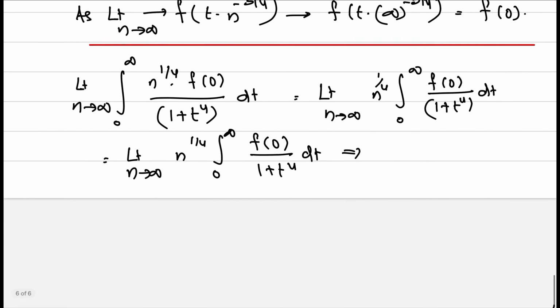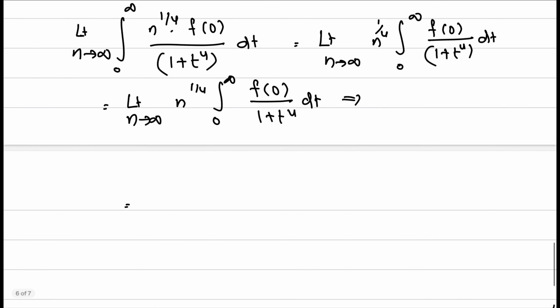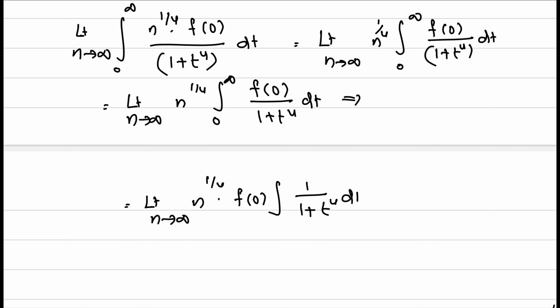That implies the given equation is limit n tends to infinity n to the power of 1 by 4 into function 0 into integral 0 to infinity 1 by 1 plus t to the power of 4 dt.